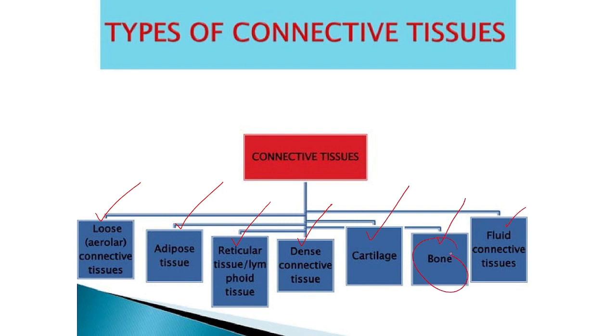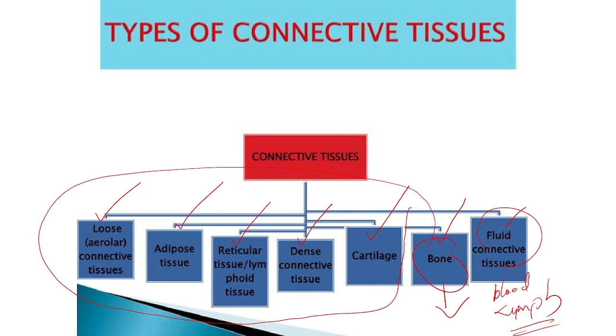Bone and fluid we didn't study, just an introduction was given, because we will study them in detail in another chapter. Blood and lymph also we will study in a separate chapter. All the other portions, loose, adipose, reticular, cartilages, I explained. It's very, very important.